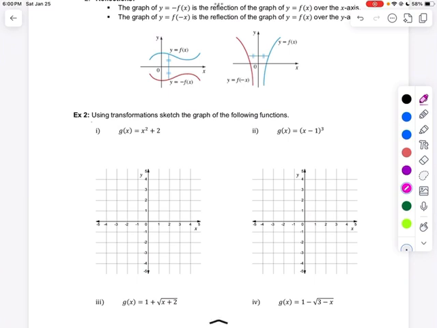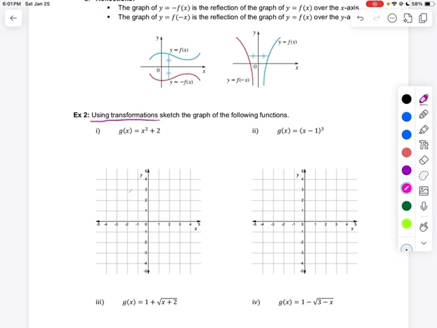Okay, so now it's the example question using transformations. So this is important. Using transformations, sketch the graph of the following functions. So we have to sketch the graph of each of these functions, but we must use transformations, which means we cannot use our table of values. So you are not supposed to make a table of values.